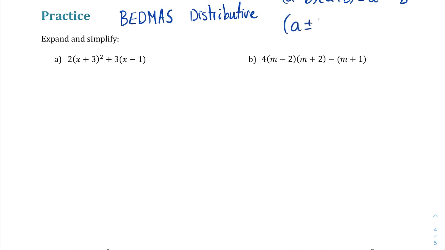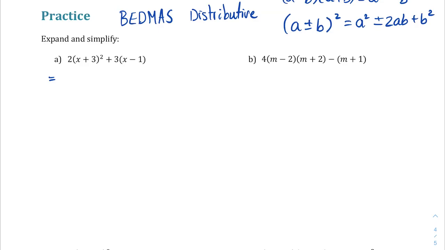So it's going to be a plus or minus depending on the case, which is a squared plus or minus 2ab plus b squared. That's just a simplified way of writing it, right? But technically we could have written a plus b squared equals a squared plus 2ab plus b squared. Likewise for the negative part, but that's just a very concise way of writing it. All right, so let's try this out.